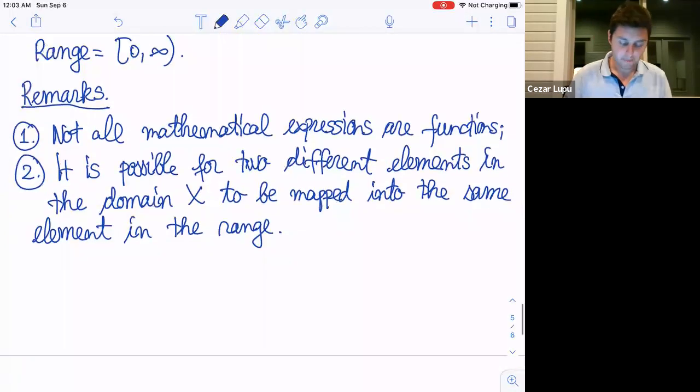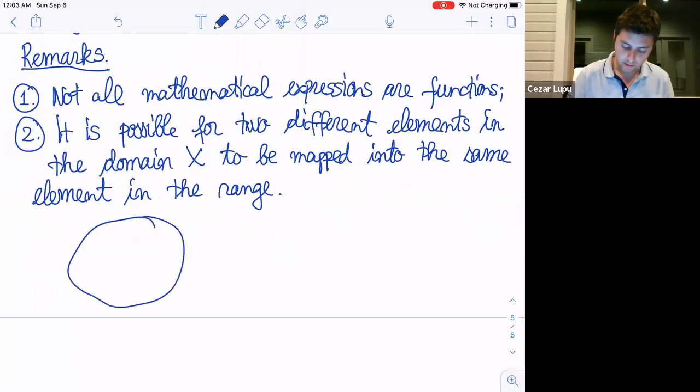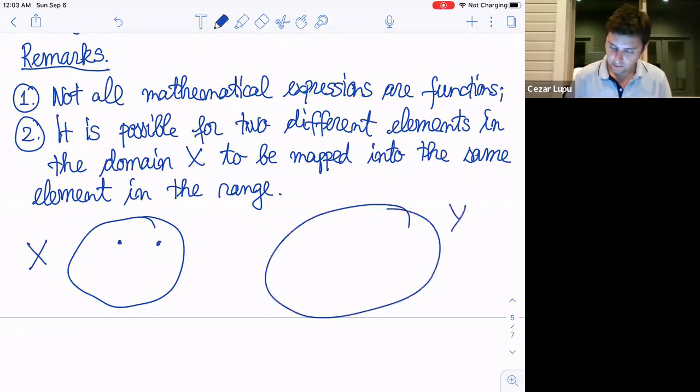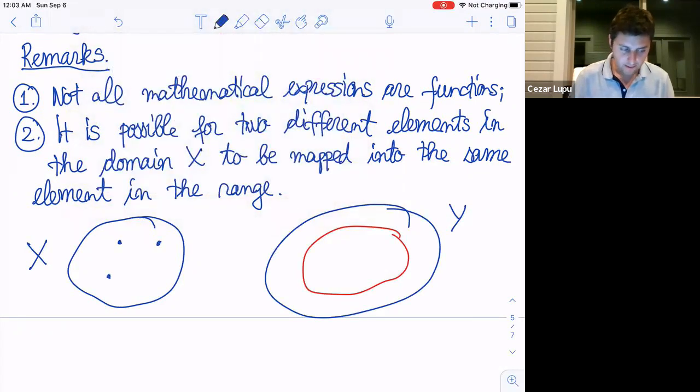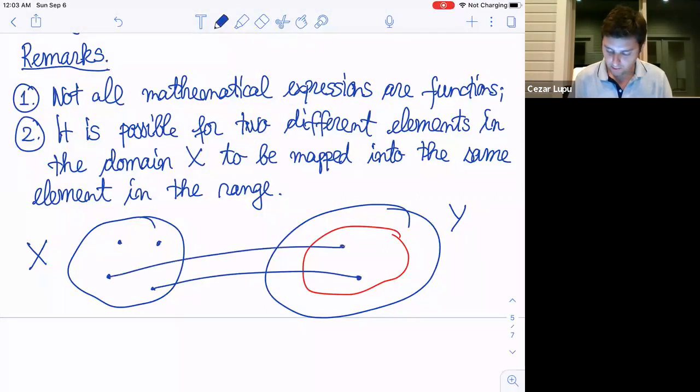Right? For example, let me draw a picture so that everything is clear here. So I have two elements here in X, so this is X, and this is Y, and here we have the range, let's say smaller, right? And let's just say I have a bunch of elements here in the domain. Let's say this guy is mapped here.